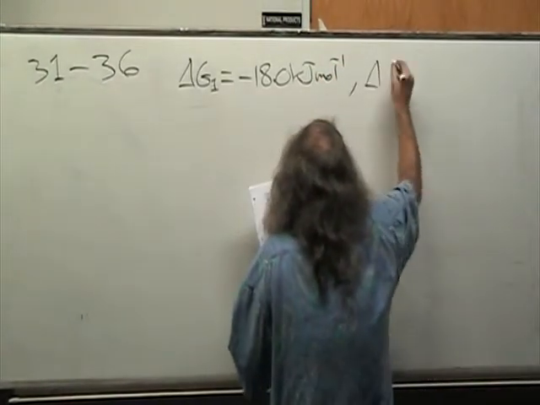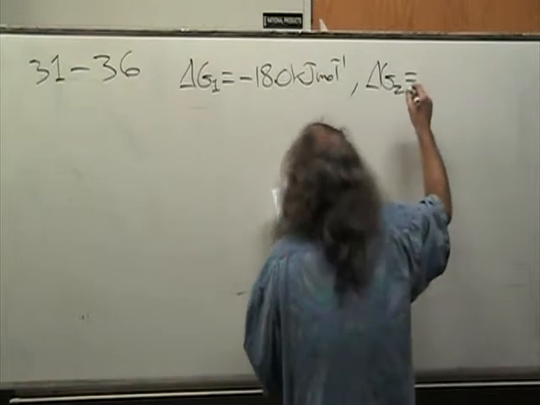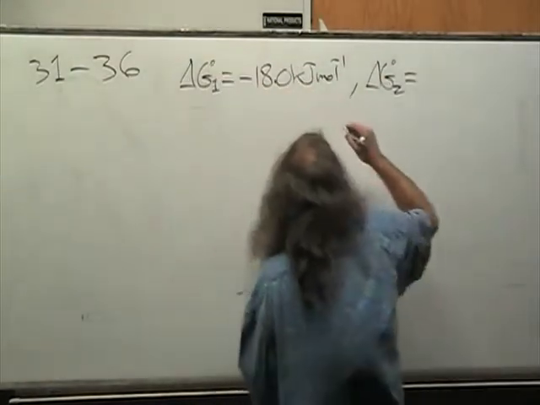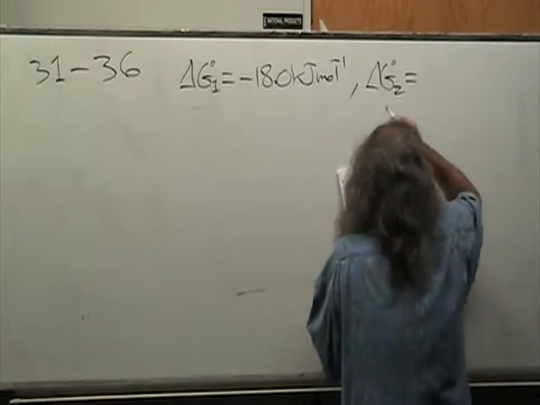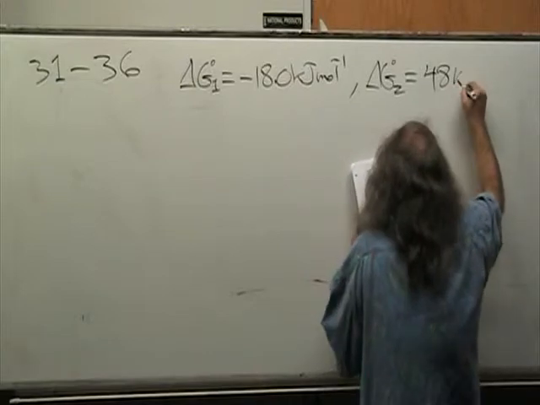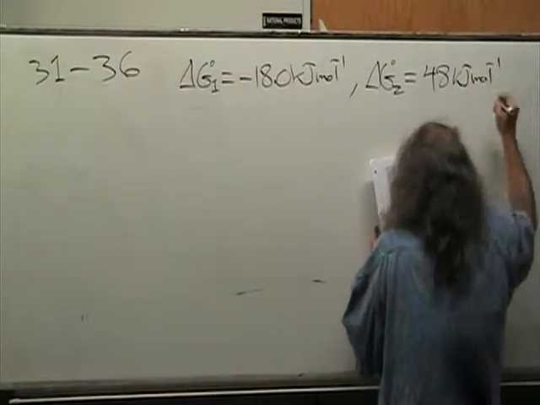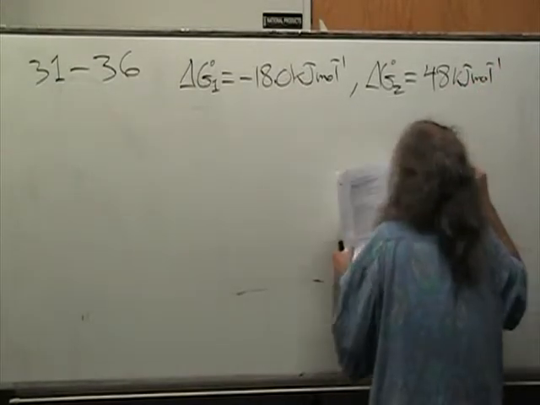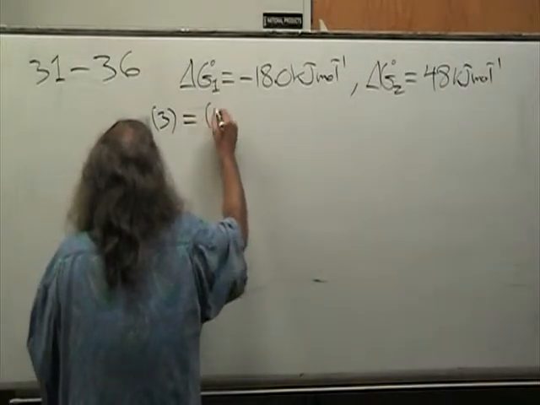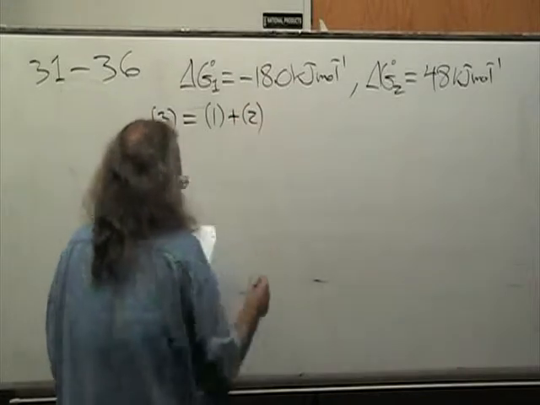Delta G naught 2 is equal to 48 kilojoules per mole. And reaction 3 is equal to 1 plus 2.